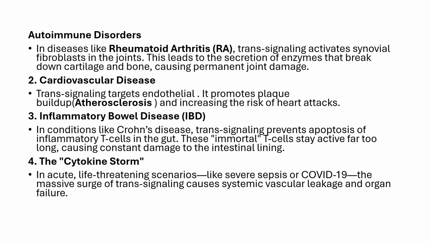We have cardiovascular disease, which is linked to interleukin 6 because it promotes plaque buildup and increases the risk of heart attacks. And in the gut we have IBD, particularly Crohn's disease, where trans signaling prevents apoptosis of inflammatory T cells in the gut, and these immortal T cells stay active for too long, causing constant damage to the intestinal lining.